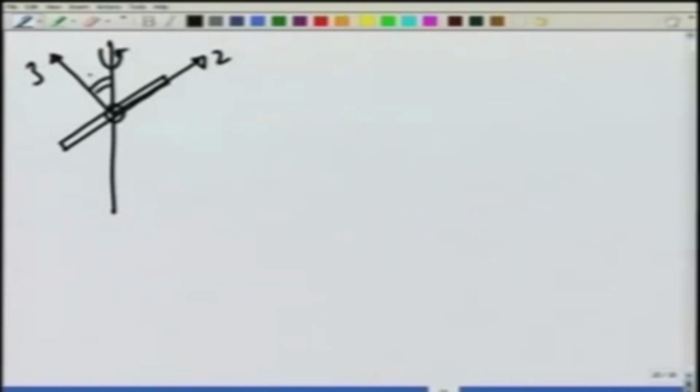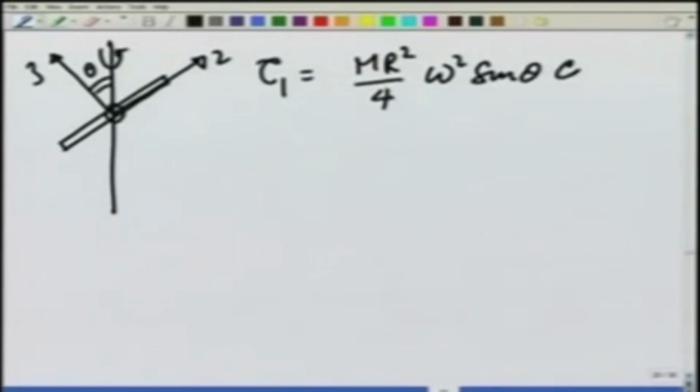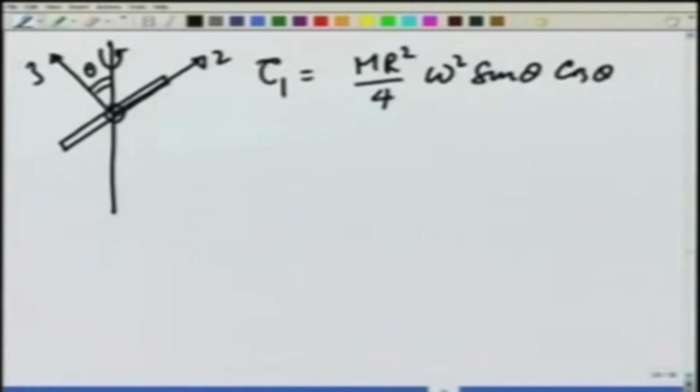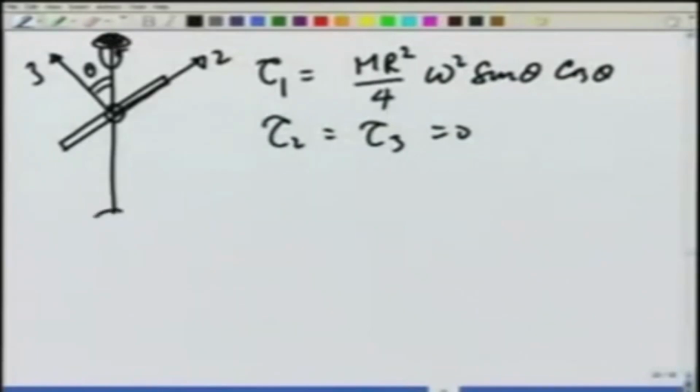This angle is theta, and we see in this case that the torque comes out to be tau 1, which is m r square over 4 omega square sin theta cosine theta, as we saw in the previous slide. Tau 2 and tau 3 are 0. So, the torque direction is this, coming out of the plane of the paper. So, if I have bearings here holding this, the force is going to be this way and this way.